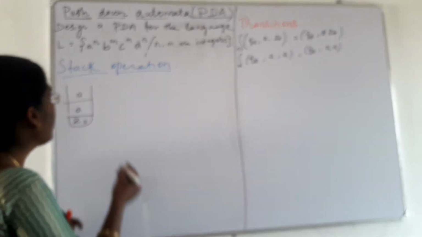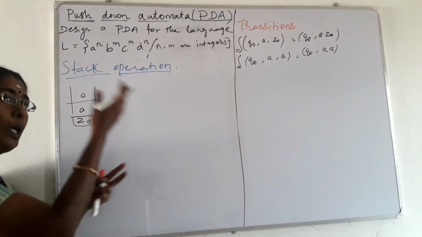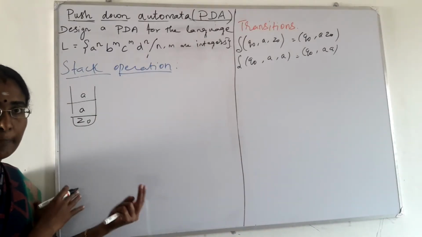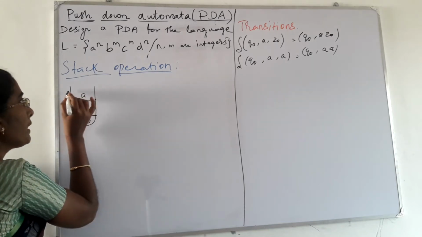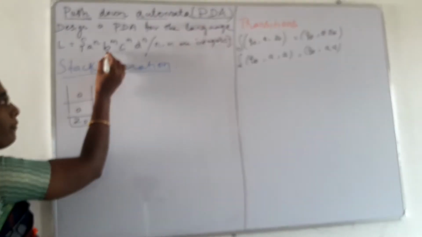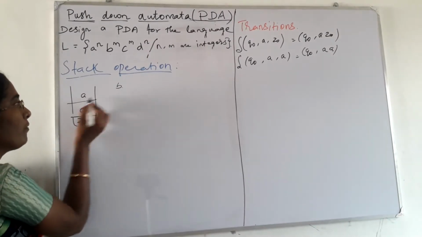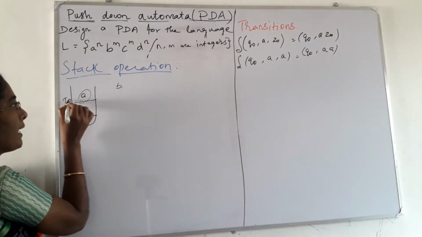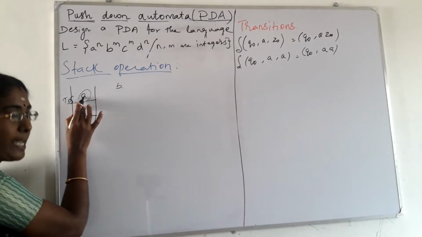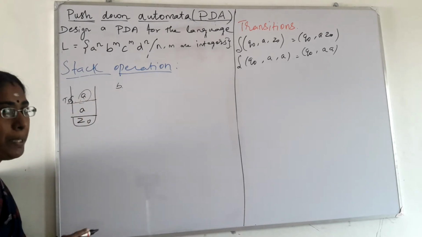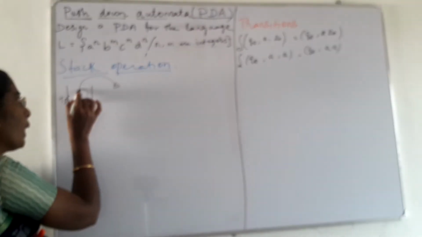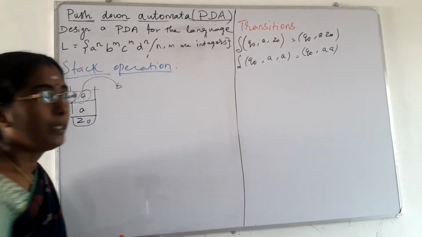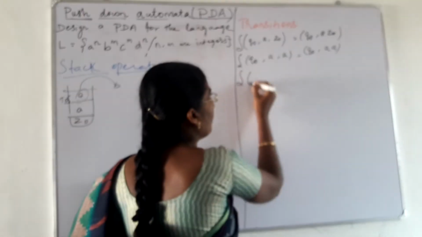Next, if it reads n number of A's, all n A's are pushed onto the stack. Next, if it reads the symbol B with the top of the stack as A, that B is also pushed onto the stack.